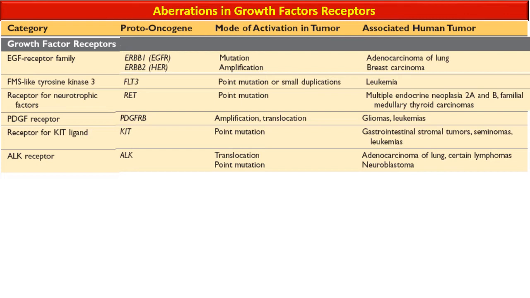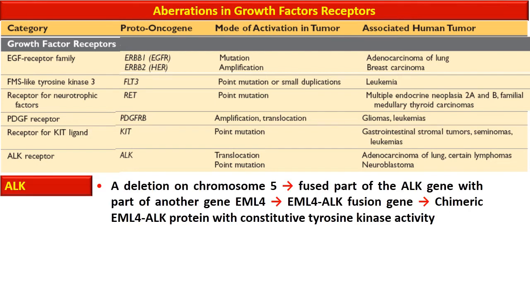Anaplastic lymphoma kinase receptor is encoded by the proto-oncogene anaplastic lymphoma kinase gene, and when it is translocated, it will result in adenocarcinoma of the lung and certain lymphomas, and if it shows point mutation, it is associated with neuroblastoma.